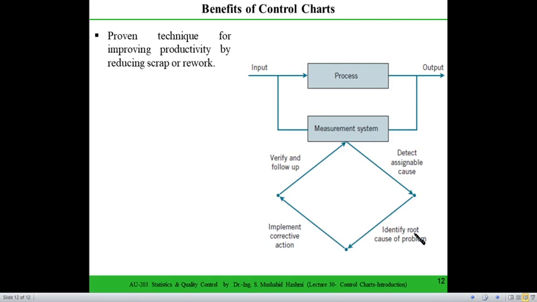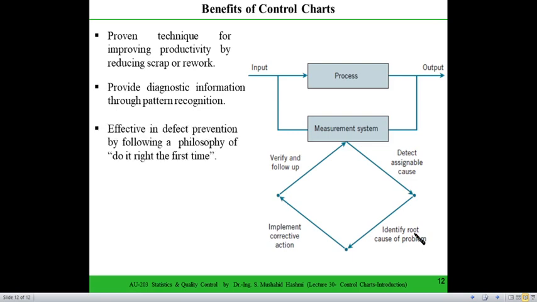Over the years people have learned that control charts are a proven technique for improving productivity in production setups. Second, control charts act as diagnostic tools where you have certain pattern recognition. So you can find out the reasons by which your process got out of control. There is a certain special cause associated, and in developing this control chart for a process, we immediately recognize the possible reasons for the variations in the process.